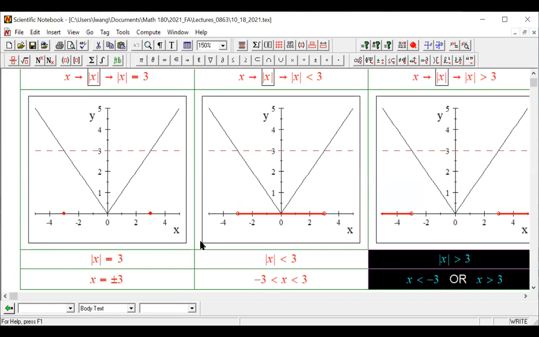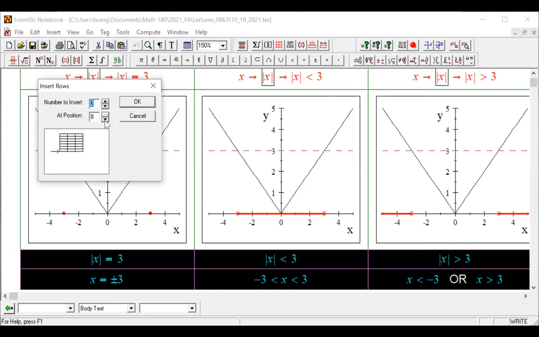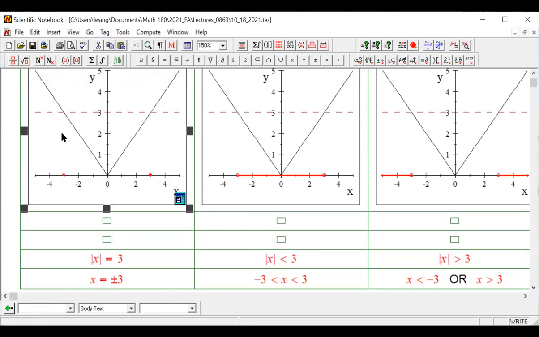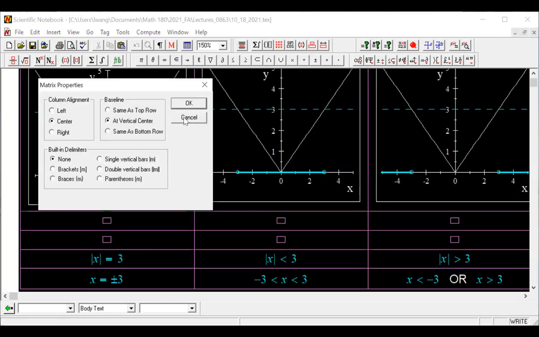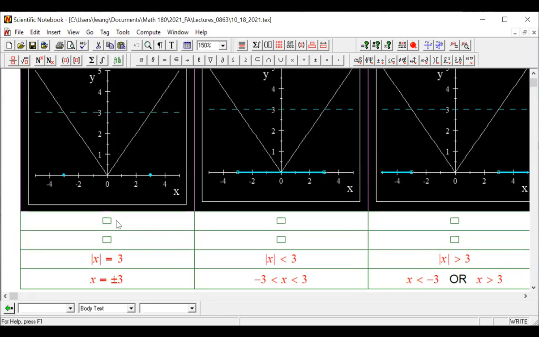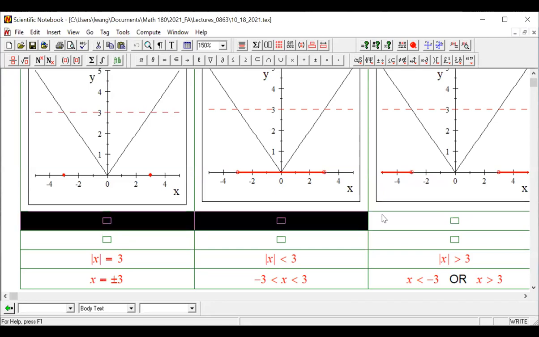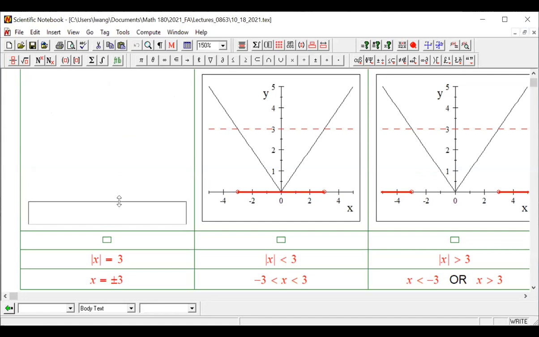The other perspective you might have learned is this. Okay, I'm going to insert 2 rows. What you might have learned before is this way, and I believe that's very common.